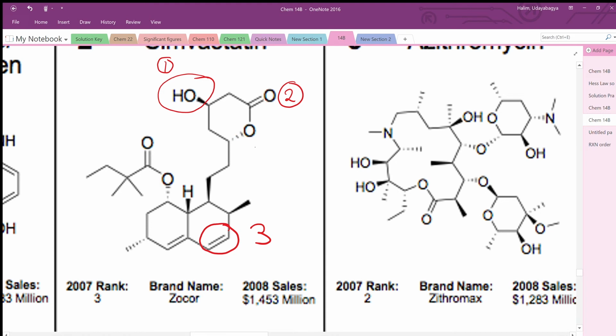Number 2 is a bit hard to see, but this oxygen here is bonded to that carbon. Number 1 is the thing that you usually drink. So you usually drink alcohol instead of water.